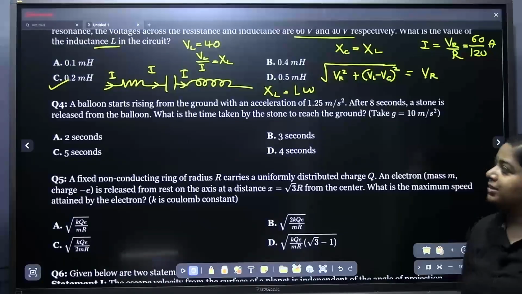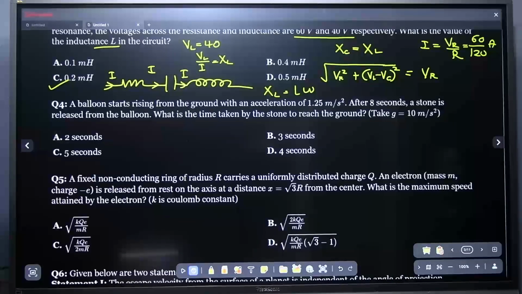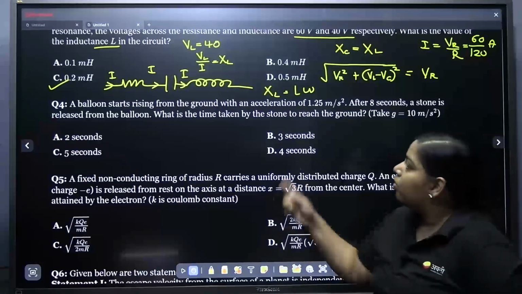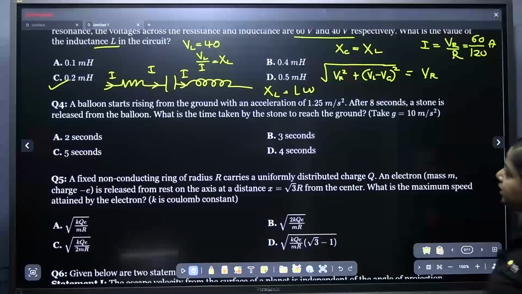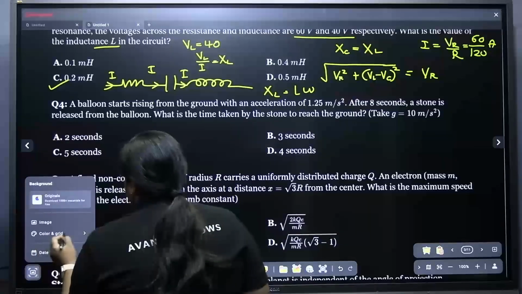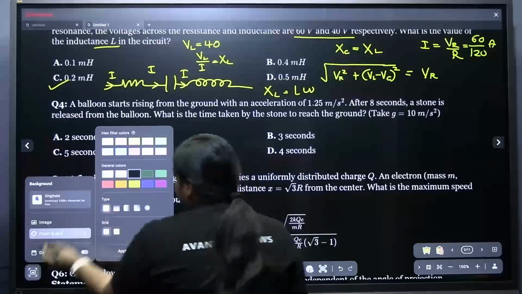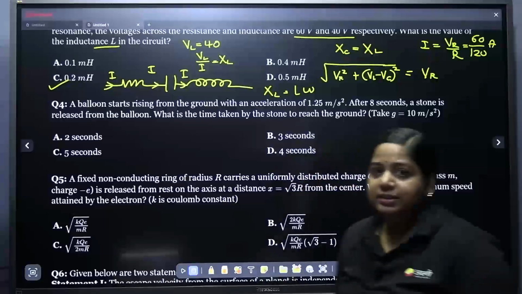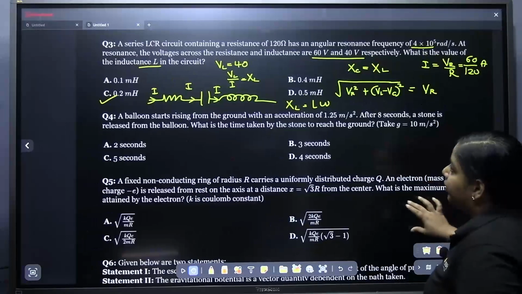A balloon starts rising from the ground with an acceleration of 1.25 meter per second square. After 8 seconds, a stone is released from the balloon. What is the time taken by the stone to reach the ground? So this is the question. In this, we don't have to use anything else, just the basic equations of motion.